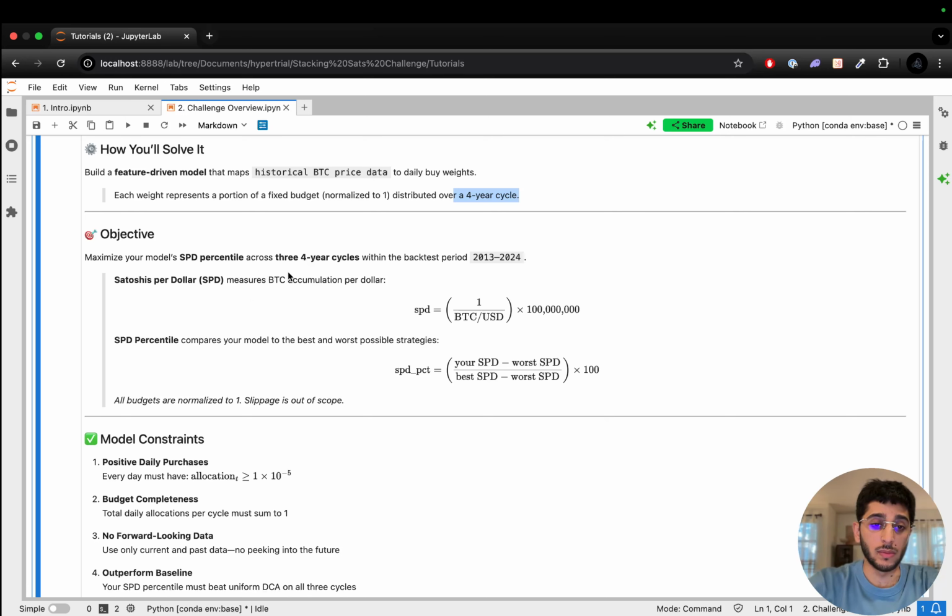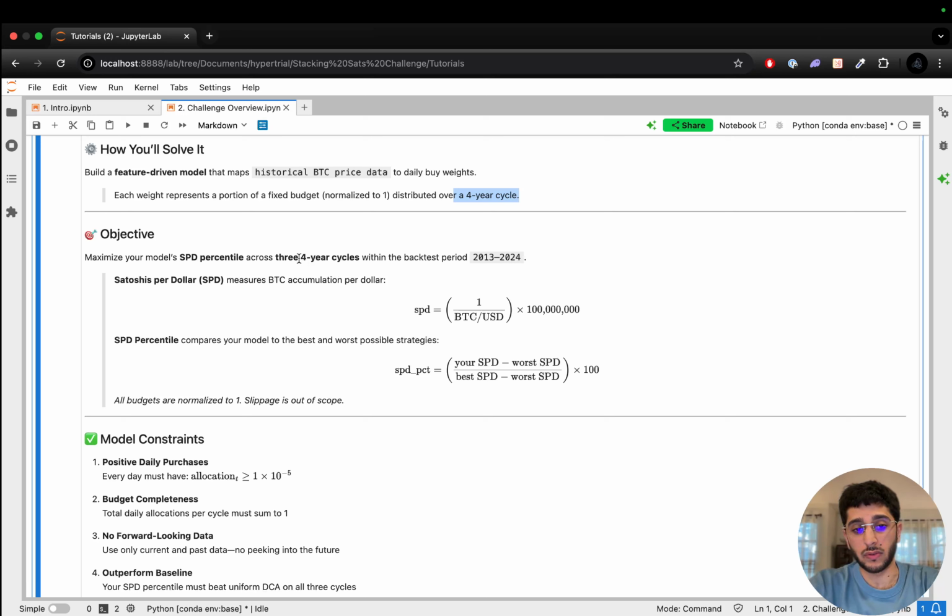The objective, the unconstrained optimization aspect, is that you're going to want to get the highest SPD percentile, which we talked about in the previous video, across 3 four-year cycles, ranging over this backtest period from 2013 to 2024.